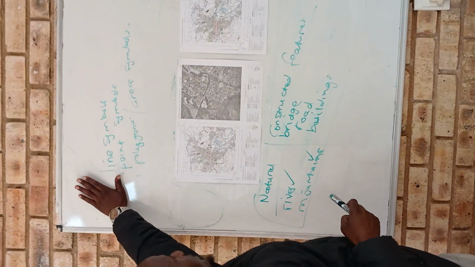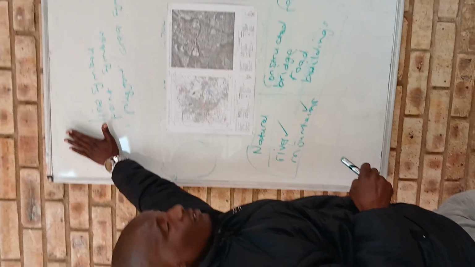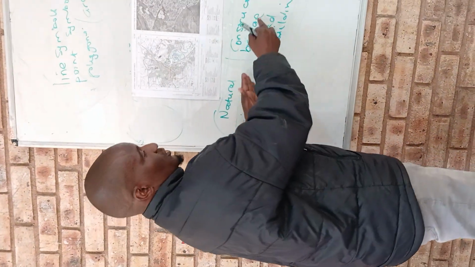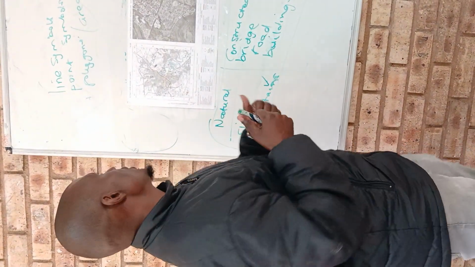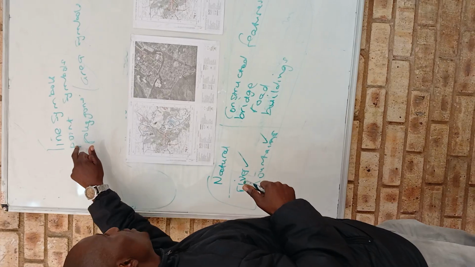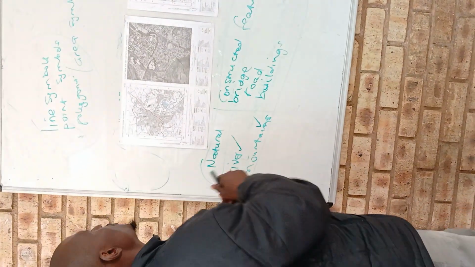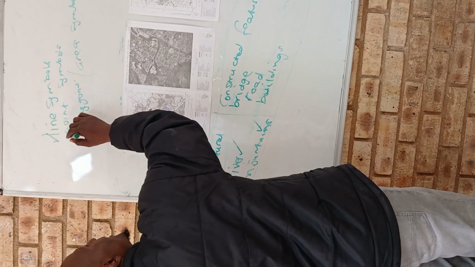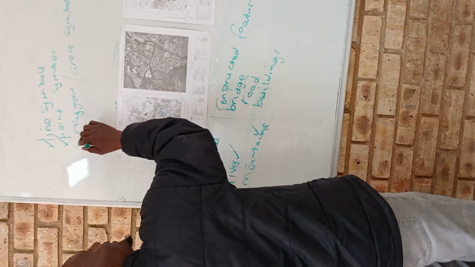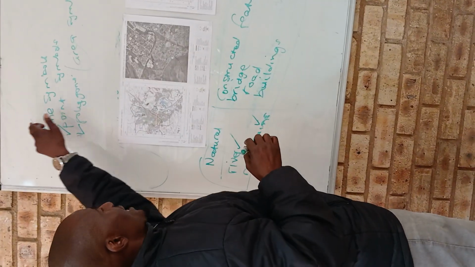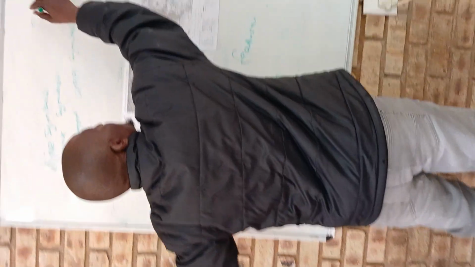When we talk about this type of features that we have on the map, of course we talk about the natural and constructed, but they are further categorized into line, point symbols, and polygons. That's how they are categorized. And these three are known as vector data.